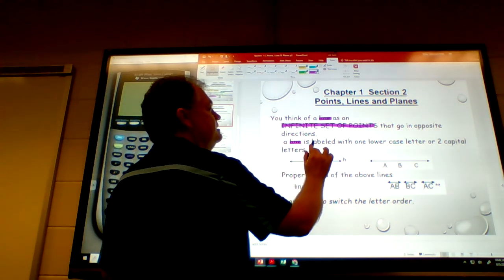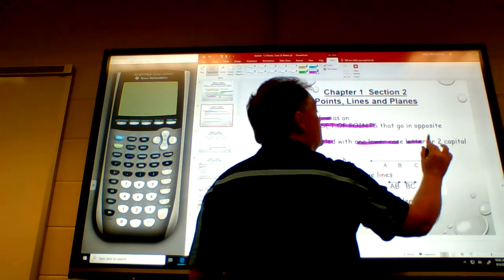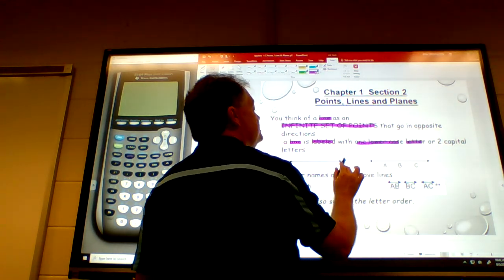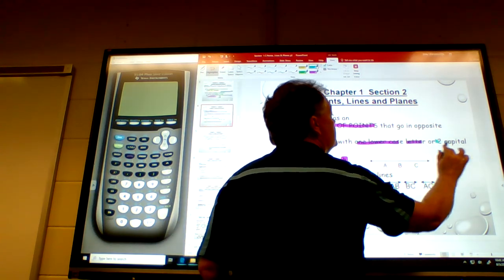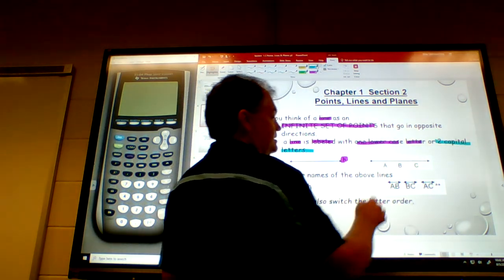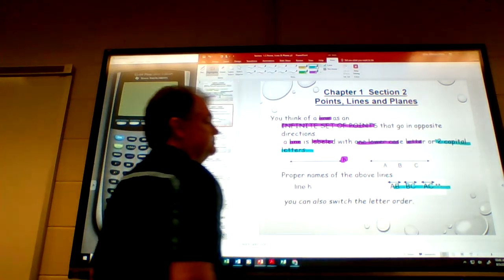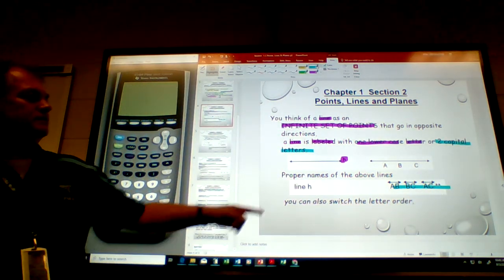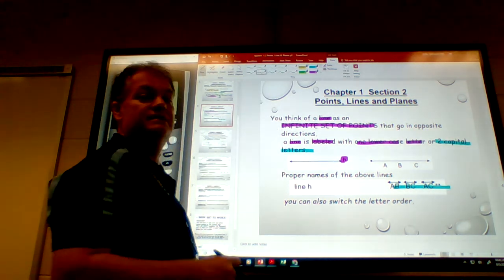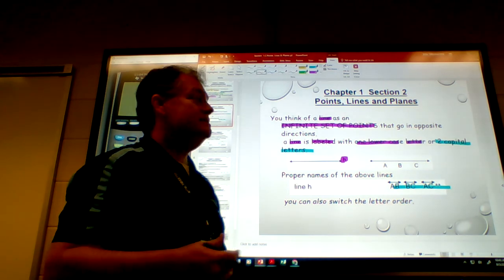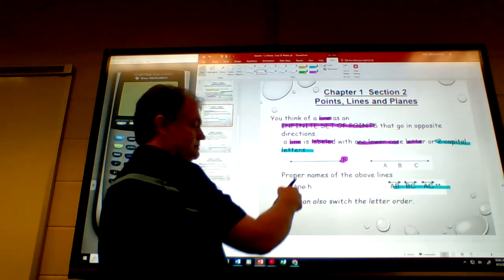Now, a line is labeled with either one lowercase letter or two capital letters, like you're going to see down here in just a moment. So, here we have a lowercase, usually italicized, letter, line h, like you see there.